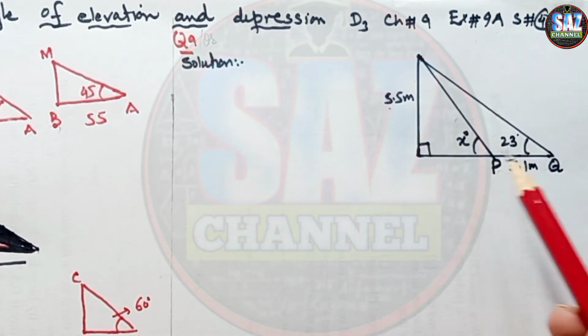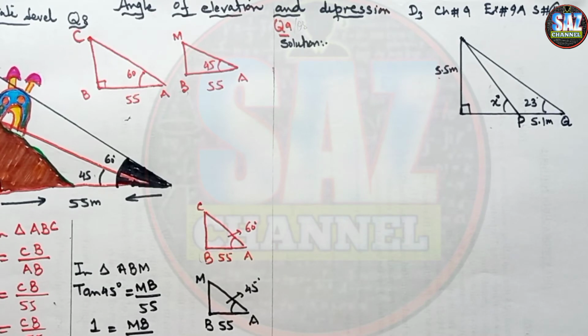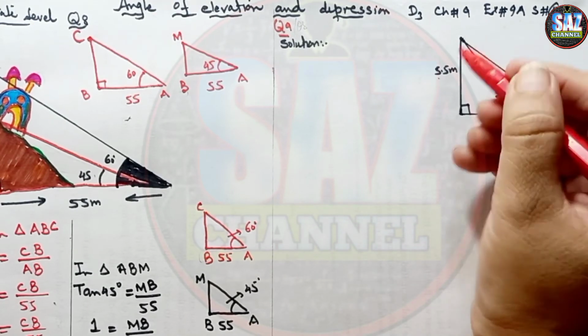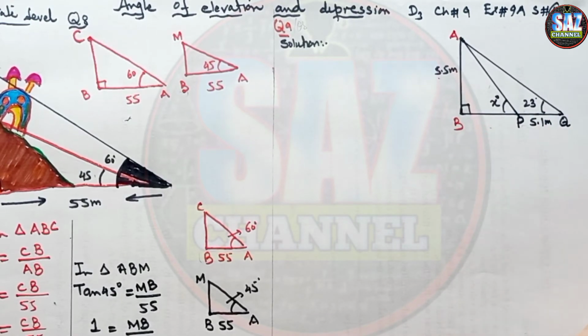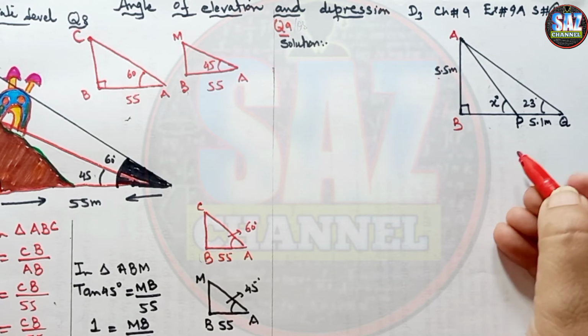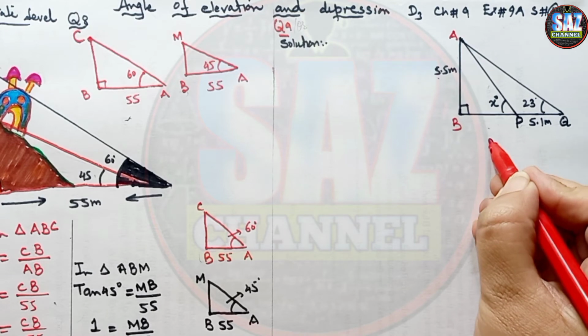So what to do? First of all, let's quickly label the vertices of this triangle A, B, P and Q, which are already given. Okay, if we look at the question, we can see that basically we are given two right triangles here.